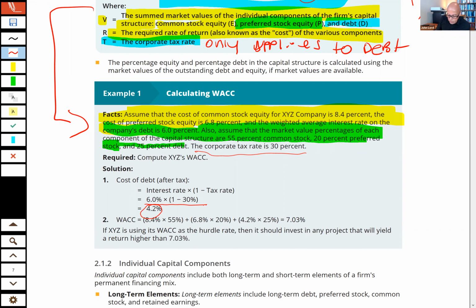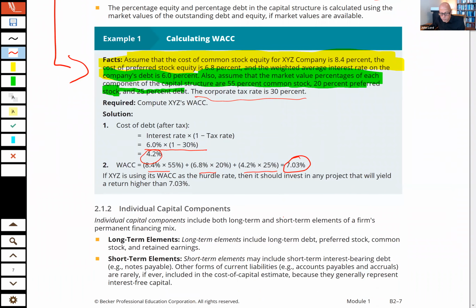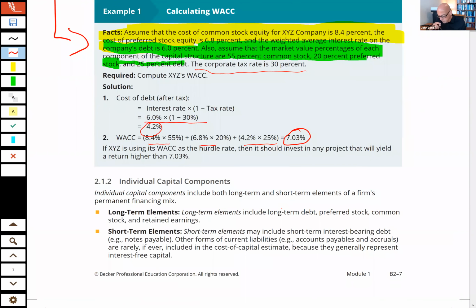And then we just apply those costs to the proportion that is made up of the equity, the preferred stock, and the debt, and our weighted average cost of capital is 7.03. And then, as I have stated, we will go ahead and use that potentially as a hurdle rate for making investment decisions, maybe if we're using something like the internal rate of return. Question?